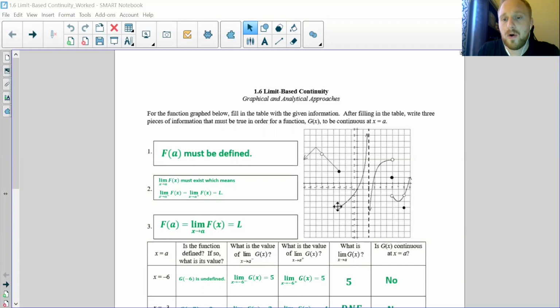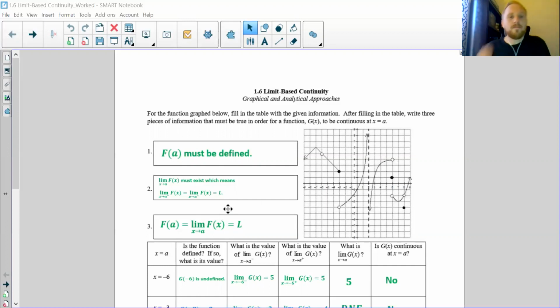Then I have to jump over here and keep going, and there's discontinuity at x equaling 2, and then it continues just right of x equaling 2 until we get to x equaling 6, where it's discontinuous again. Then it continues to be continuous from 6 to 8. Once it reaches x equaling 8, it goes on forever being continuous.